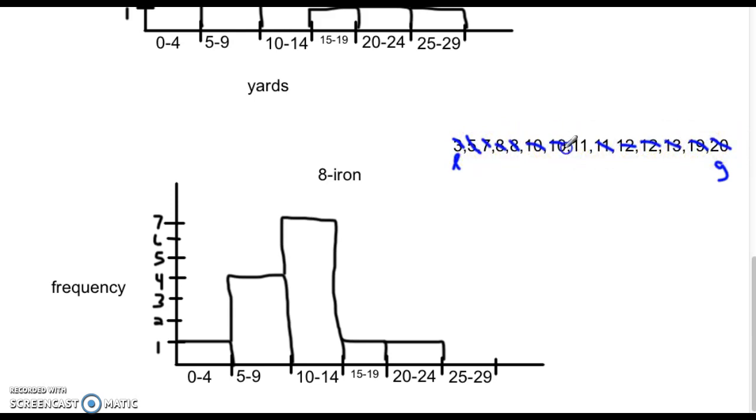And cross off one more here. 1, 2, 3, 4, 5, 6. Oop, didn't need that one. So my middle is between 10 and 11, which is 10.5. So that's my median.